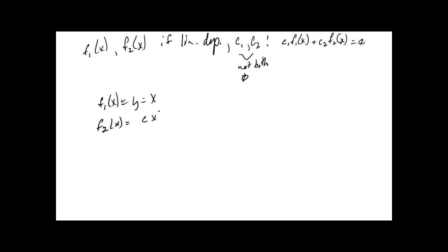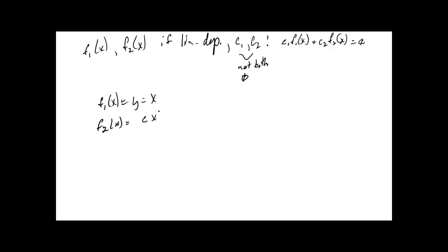So now we can take this one, pick minus c, add to that one, and we get a 0. Okay? With the functions not being 0, but by a choice of constants. That's pretty obvious. If you have a multiple of a function, they're going to be dependent on each other, because they're just multiples of each other. And that's always going to be the case for two functions.